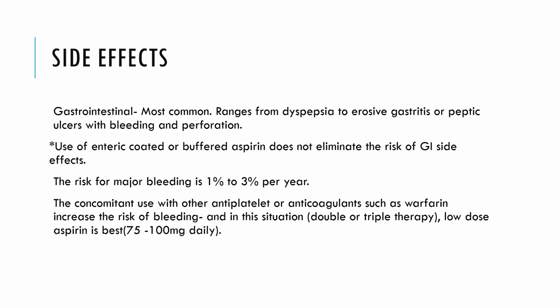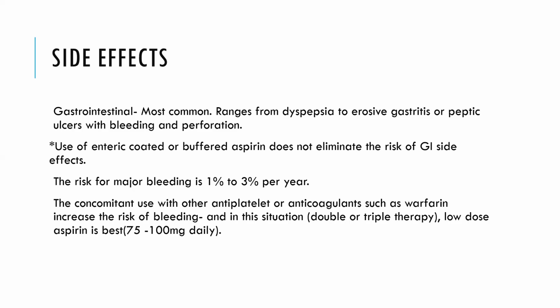It's also important to note that use of enteric coated aspirin does not eliminate the risk of GI side effects. Major bleeding is usually very rare, just when there is concomitant use of other antiplatelets as dual antiplatelets, or when you are using an anticoagulant in addition.